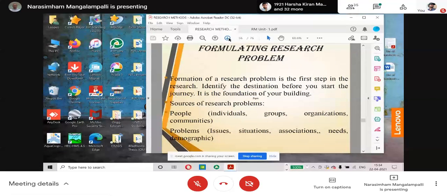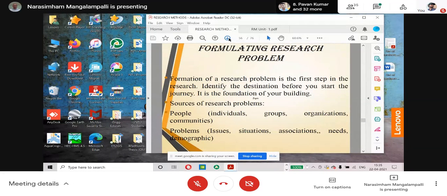Now, what are the sources of research problems? This I already told: people, individuals, groups, organizations, communities. When you meet people, either individually or in a group, or go to an organization or a clustered group of people, you will know what the problem is.